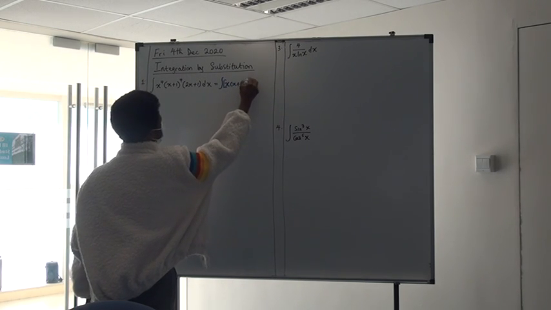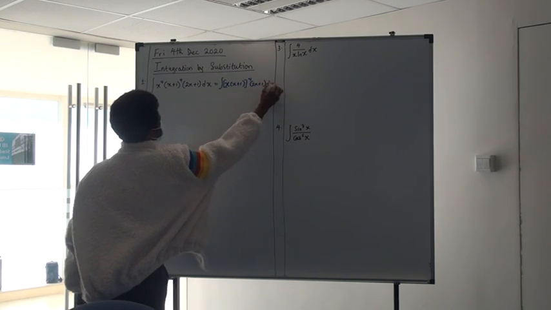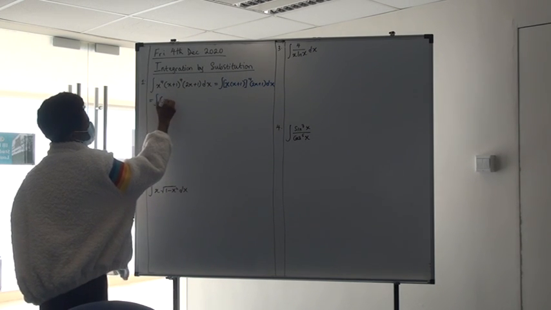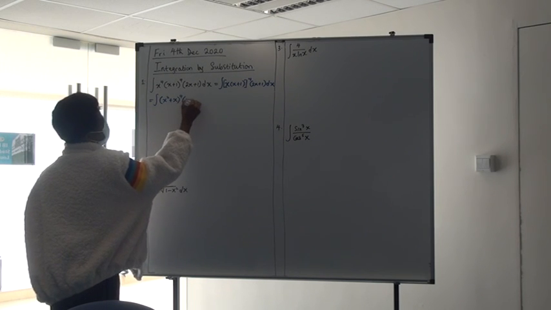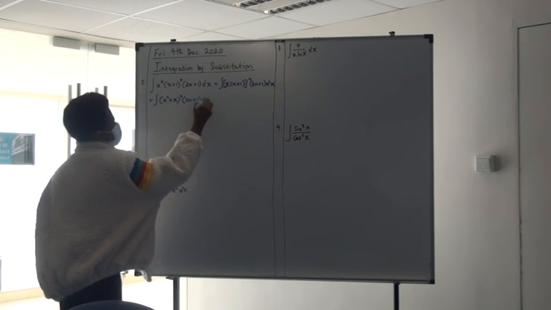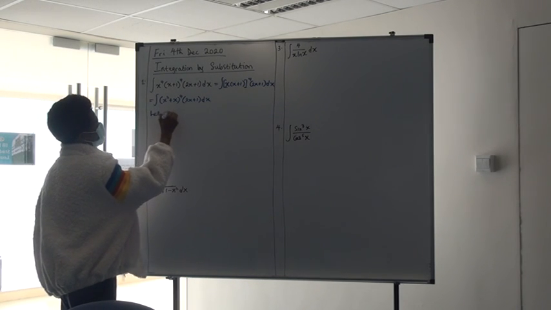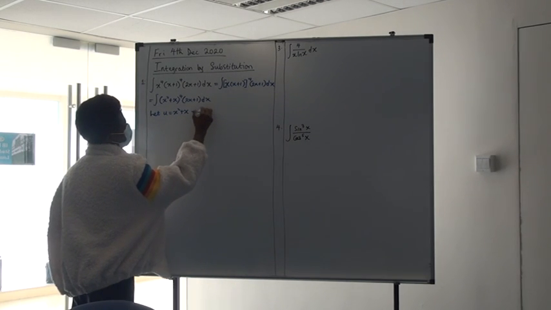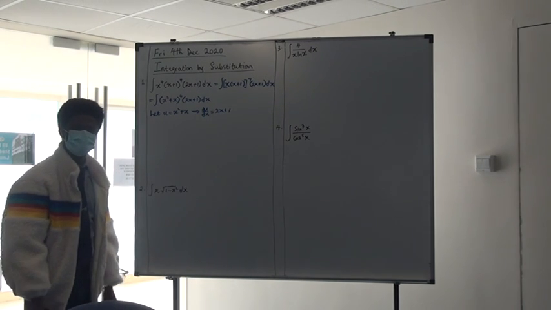to power 4, 2x plus 1 dx, which is now integral x squared plus x to power 4, 2x plus 1 dx. So now you are rest assured that if you let your u be x squared plus x, which means your du dx is going to be 2x plus 1, which is exactly what you want to eliminate.